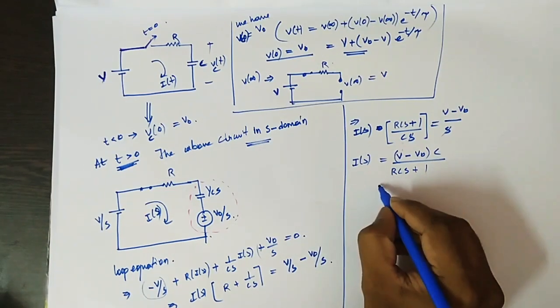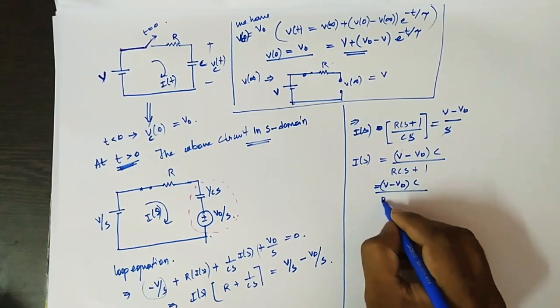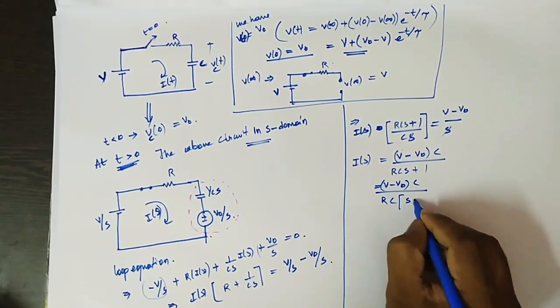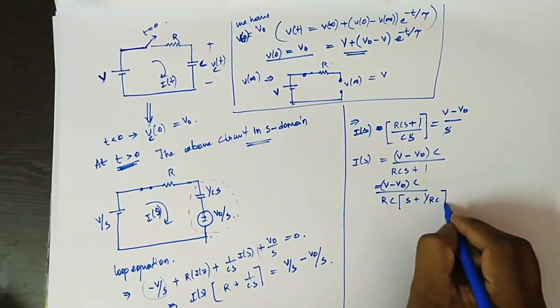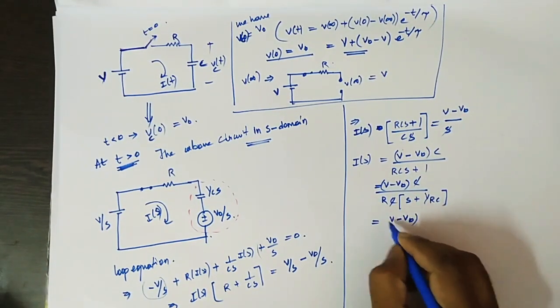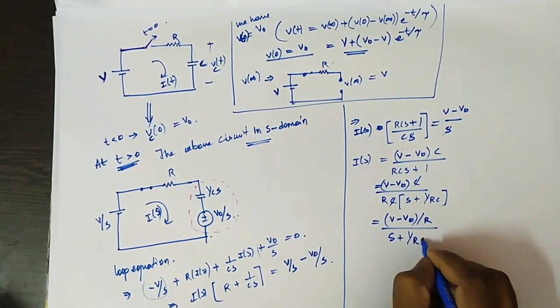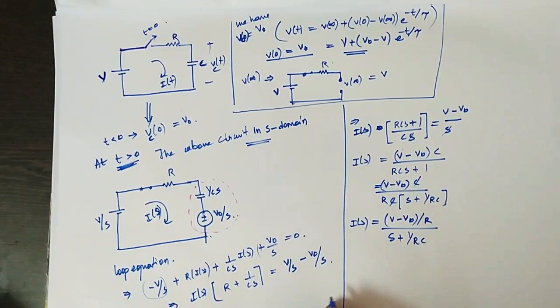Take RC common: V minus V naught into C by RC times s plus 1 by RC. So C cancels, and we get V minus V naught by R, by s plus 1 by RC. This is I of s.